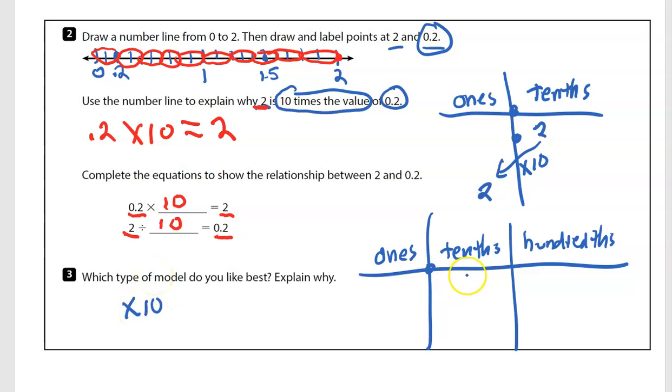That moves you from one smaller place value to the next larger. Divide by 10 simply moves that number from a larger place value to a smaller place value. Again, that concept of shifting is just so easy. Once you kind of wrap your head around that place value chart, it will allow you to do all kinds of multiplication.